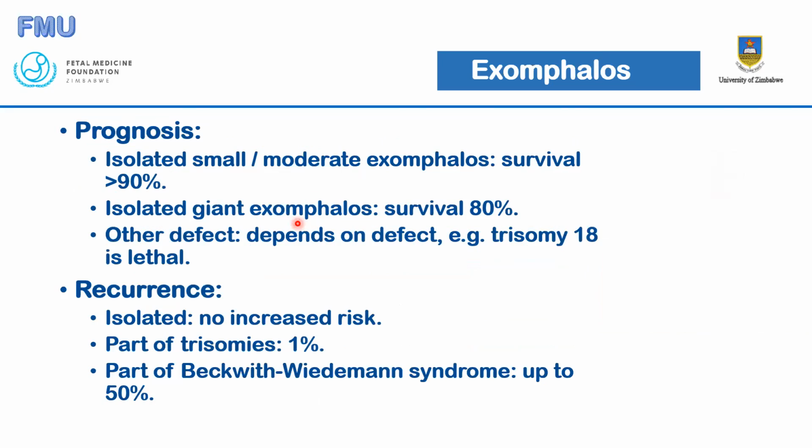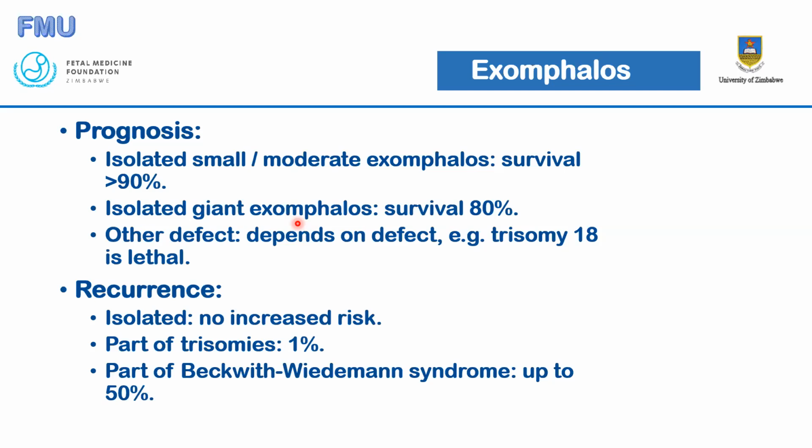The prognosis for small and moderate exomphalos: survival is 90% if managed properly, if good neonatal care is given, and if they deliver at the right center where there is both neonatal intensive care and the right people to look after them, and pediatric surgical teams who immediately look after these patients. If they are delivered outside, the survival is probably less than 20% if they are delivered outside these kinds of conditions.